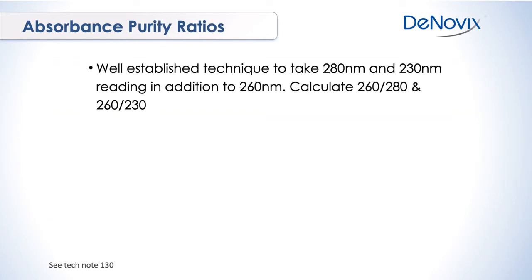Continuing with the contamination aspect of absorbance, we can also calculate purity ratios, and these purity ratios are a well-established technique, used for many years, and they take the measurements at 260 for nucleic acids and compare those with the measurements at 280 and 230 and create a ratio from 260/280 and 260/230.